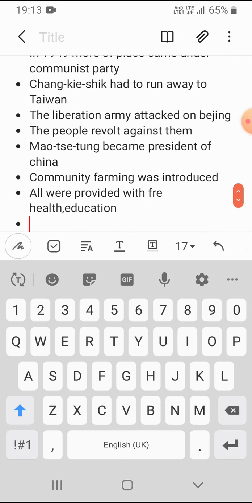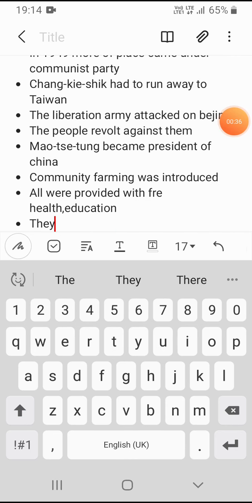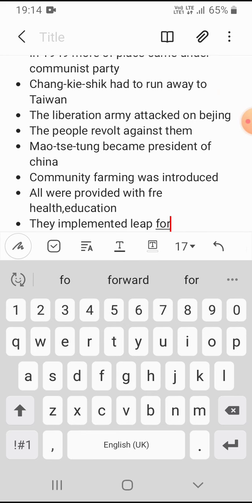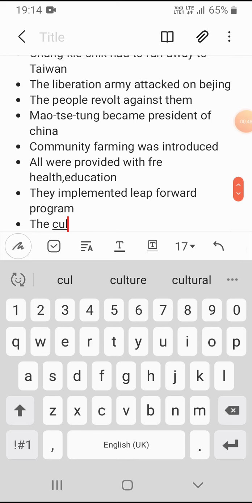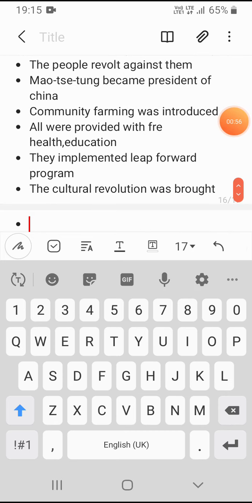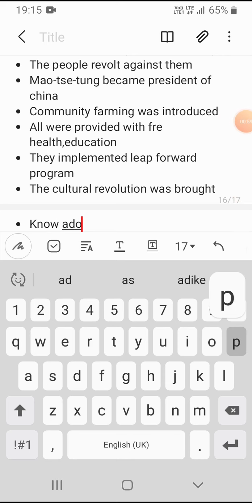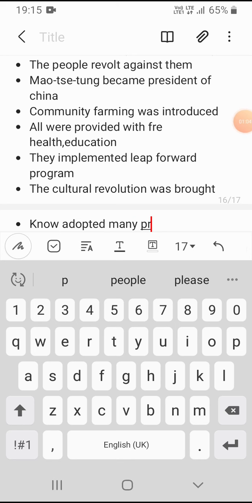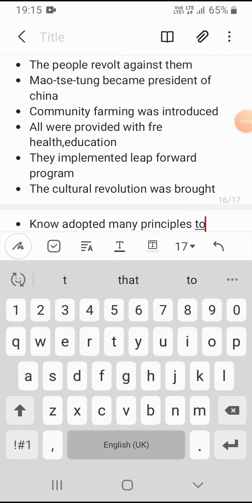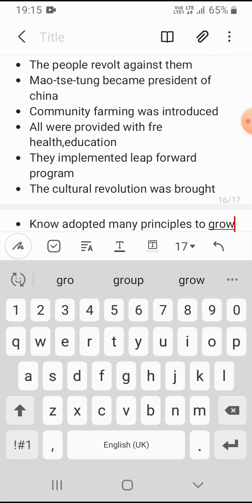They implemented the Leap Forward program, and the Cultural Revolution was brought. Now it has adopted many principles to grow their country economically.